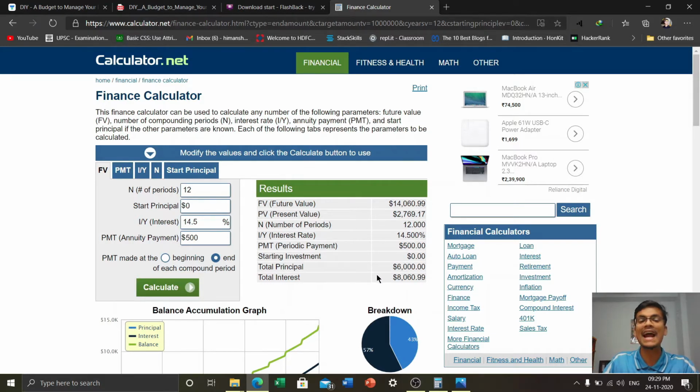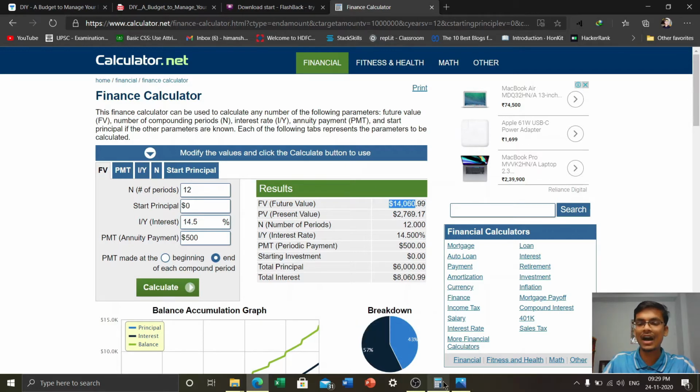And to this, we are adding a total interest of 8,000 rupees, more than the principal amount, and the amount after a year is nearly double. So here the difference lies. If we would have saved rupees 500 per month, we would have got only 6,000 rupees, but we are investing it in a mutual fund. Therefore we got a future value of 14,060 rupees.